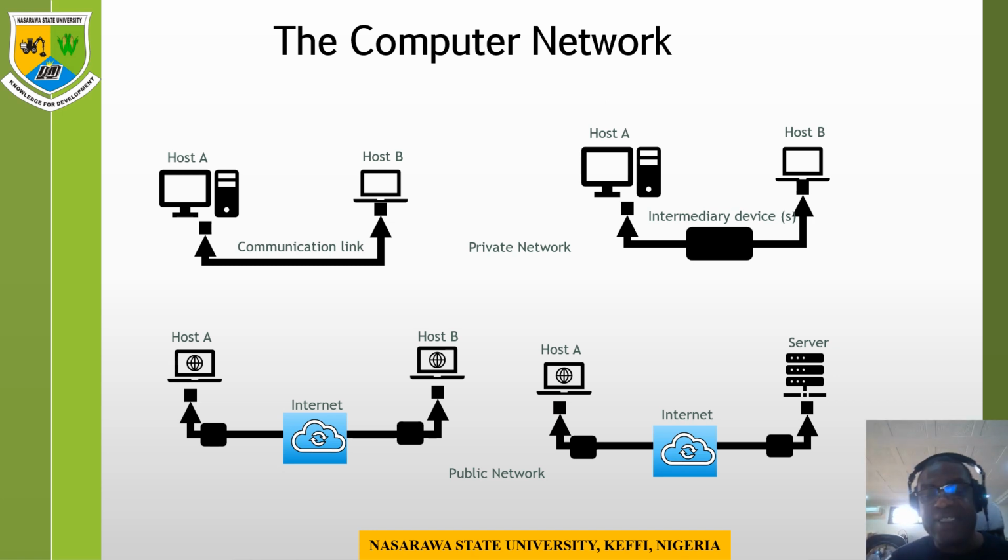And a typical example of this is when you want to access a website. You go to your host computer, which is host A, and then you try to invoke your browser. Your browser comes, you type in www.com.